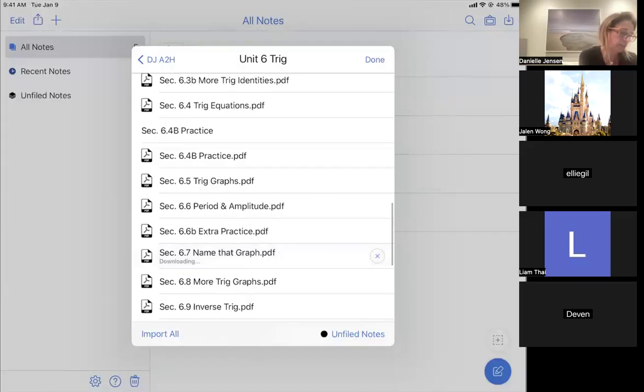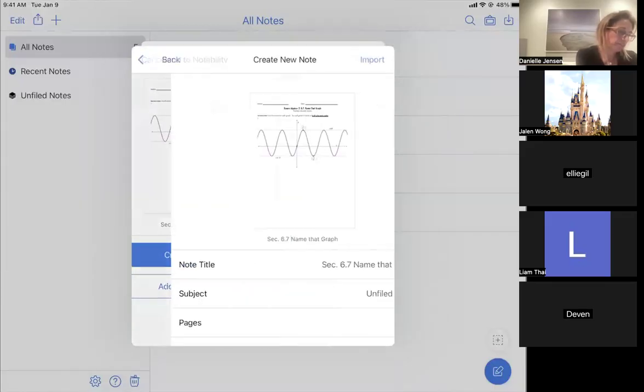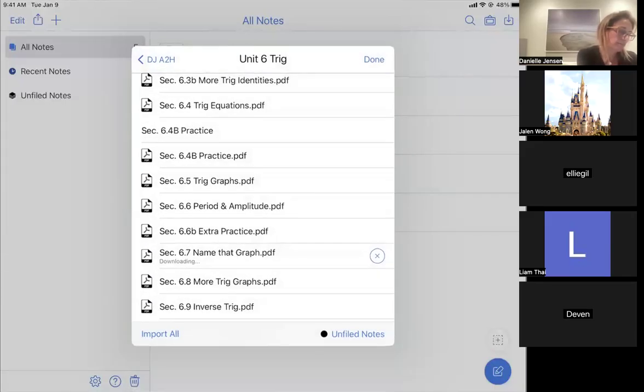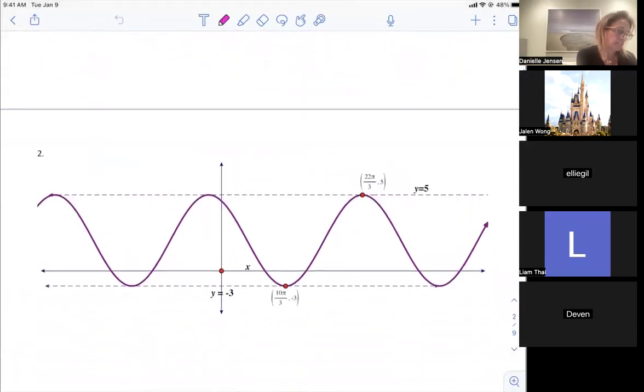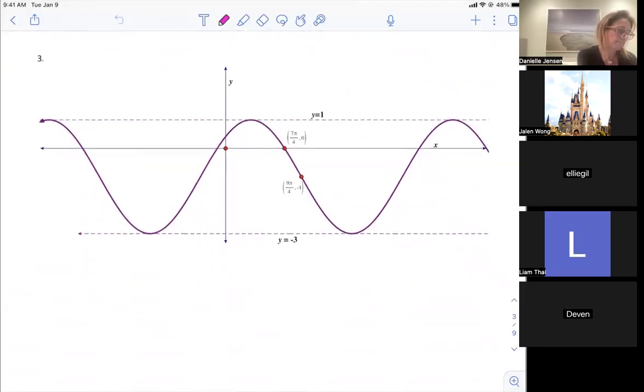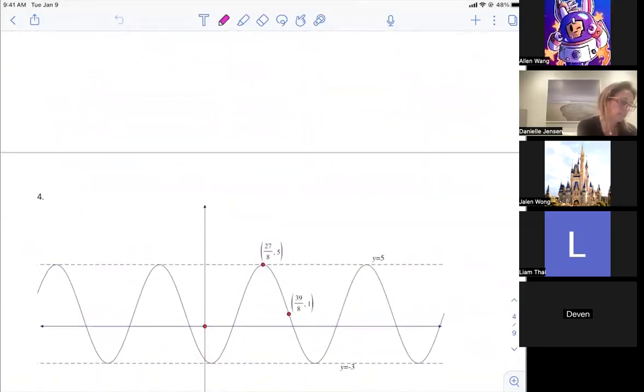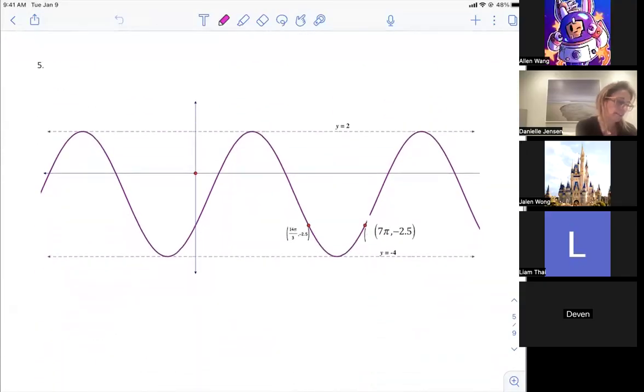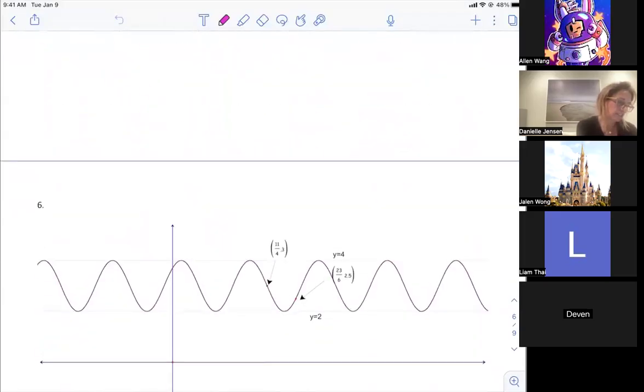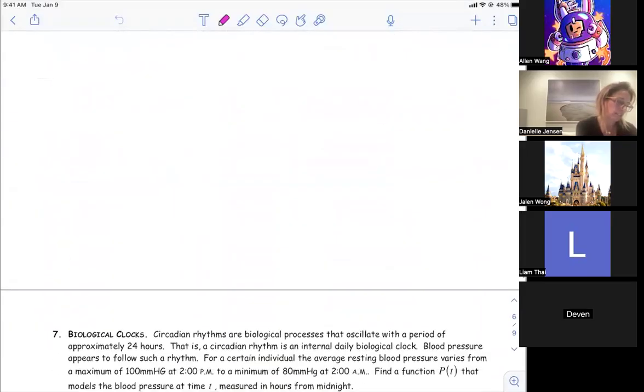Name that graph. Here we go. So I gave you a high and low for a few of these here. Midline I gave you, high I gave you. So yeah, that's a midline.